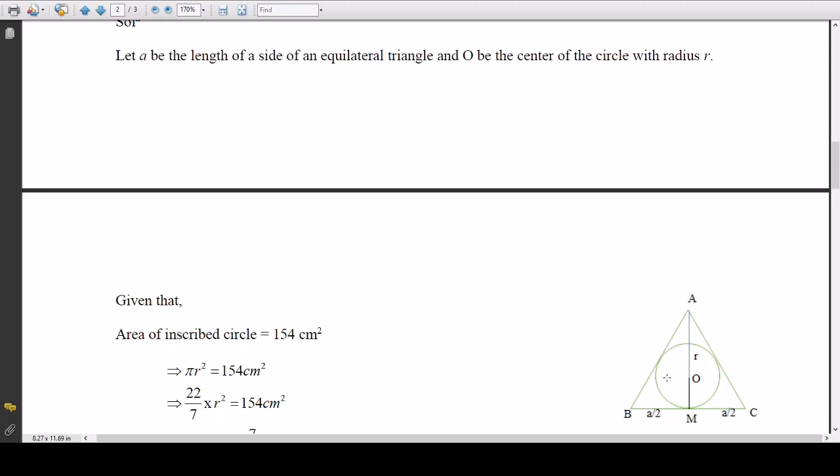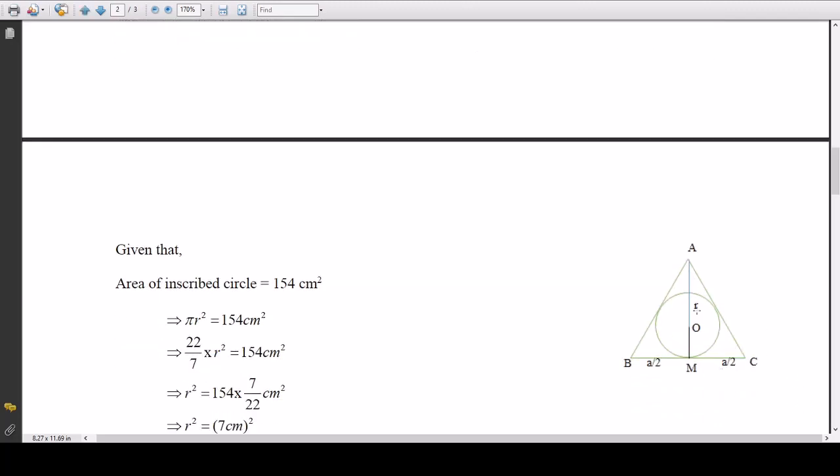Now in this equilateral triangle, what is given? The area of this inscribed circle is given. The area is given to be 154 cm square. Now if the area is given, we need to find out what should be the length of its radius.